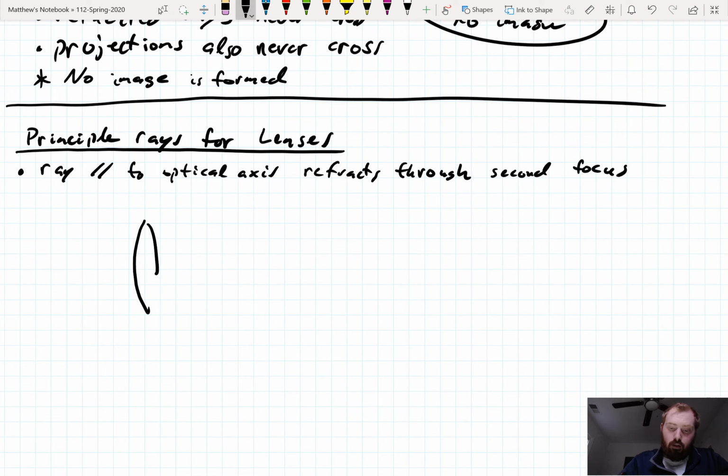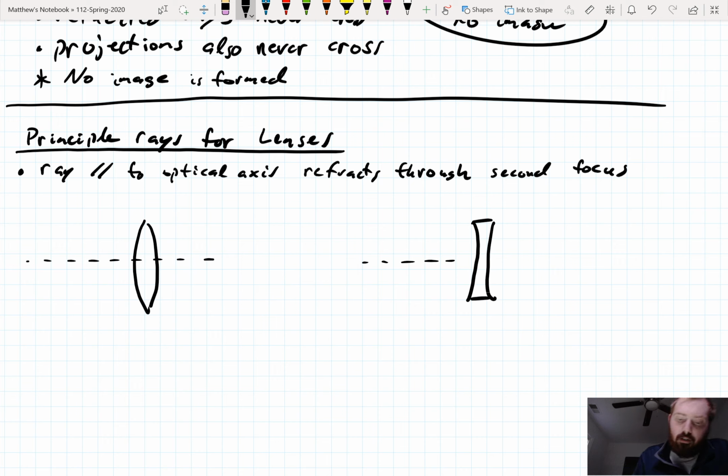So here's my converging. There's my diverging. Focus, focus, focus, focus. So I shoot a ray in.